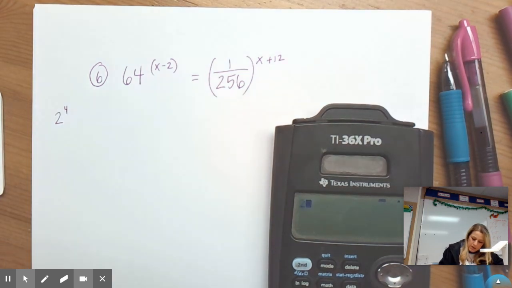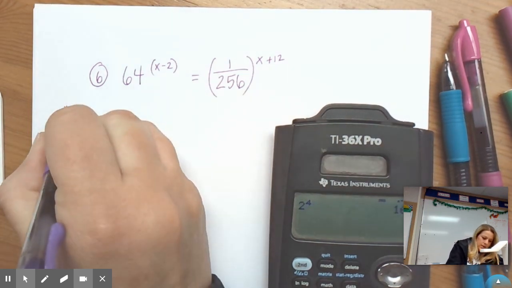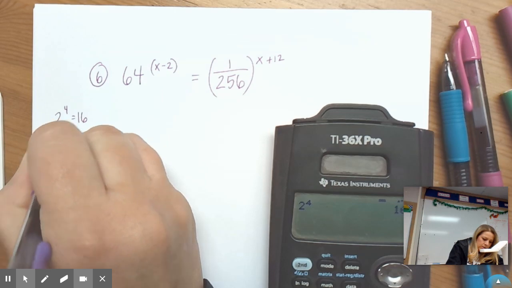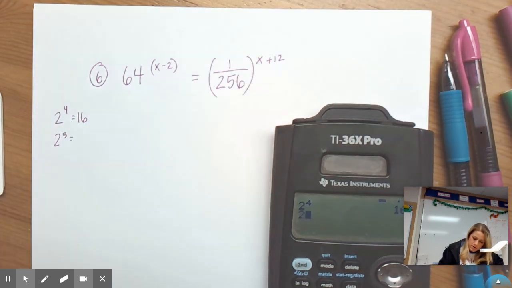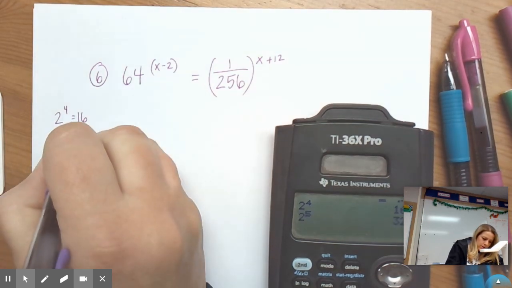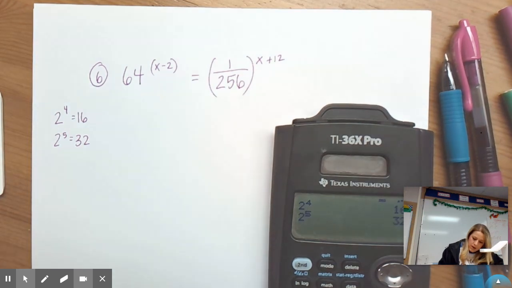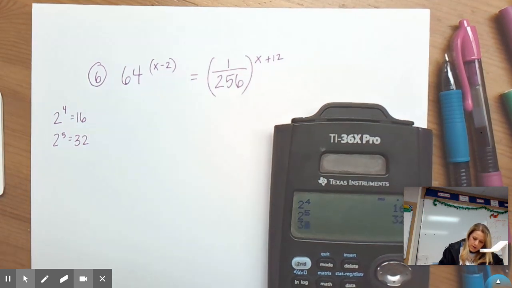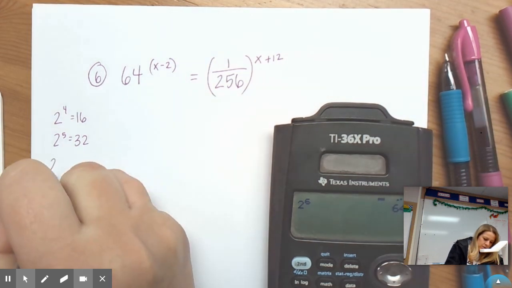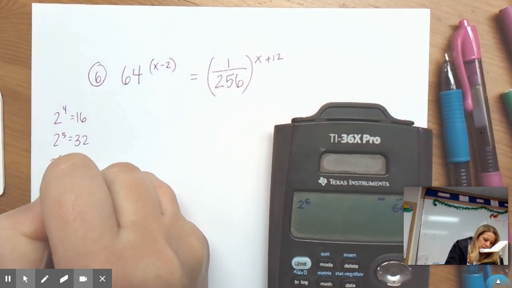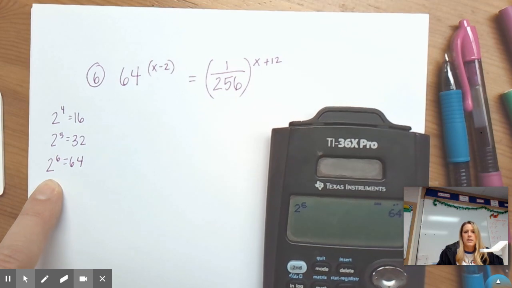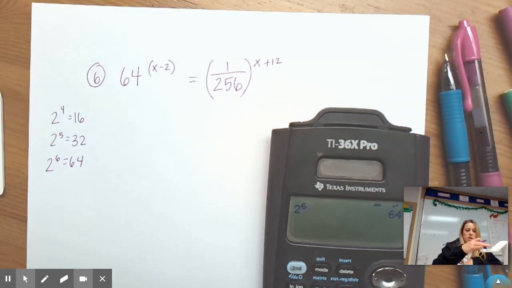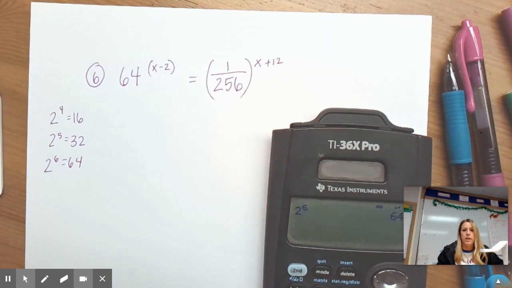So I'm just going to make a list here so you can see what I'm doing. That's 16. 2 to the fifth power, 32. I'm getting there. If I go 2 to the sixth power, I think I'll get there. There we go. 2 to the sixth power equals 64. Now, the key is if I'm going to use that same base over here, I've got to see if 2 will work for that one.